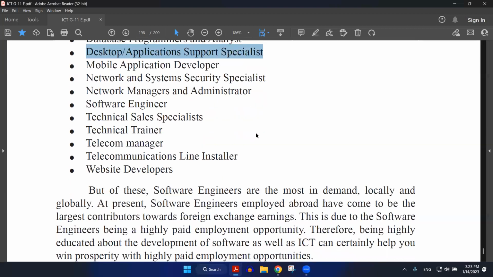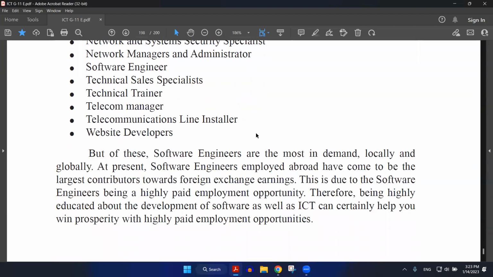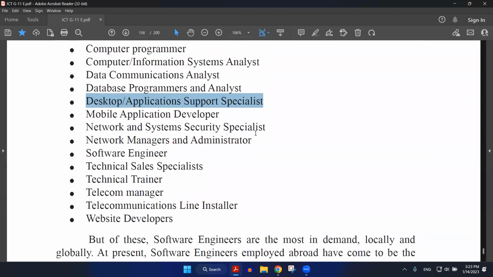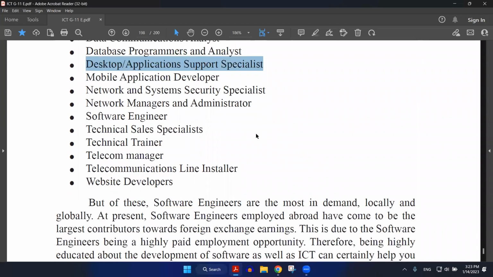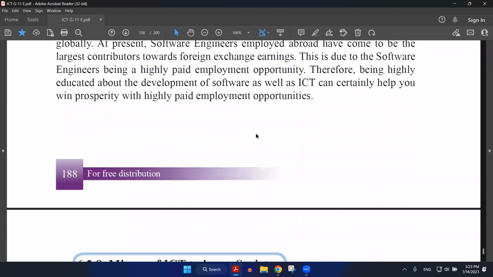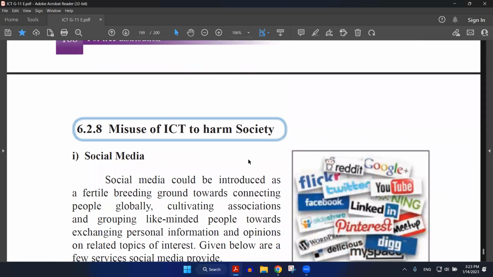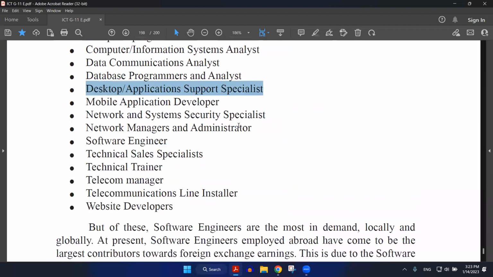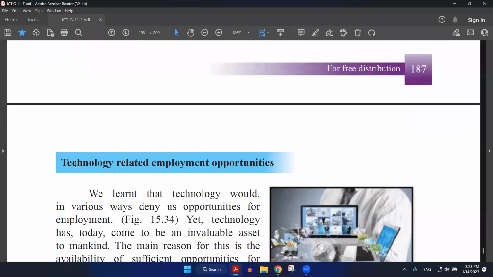Likewise, there are many different opportunities around the world when it comes to ICT and its related sectors. Before we come to the misuse of ICT to harm society, let's write about this.